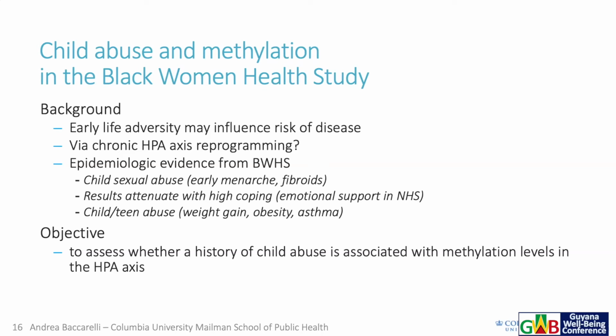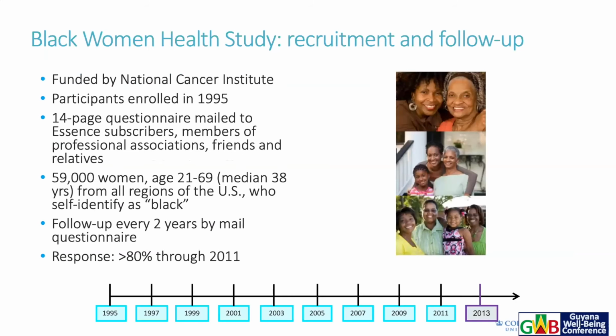I'm going to show particularly the results we have on the glucocorticoid receptor, which is the same receptor as in the rat study. And this study was started by NCI in the United States.